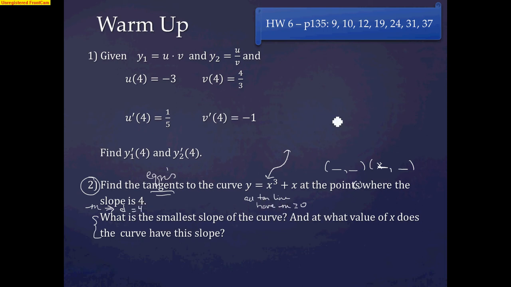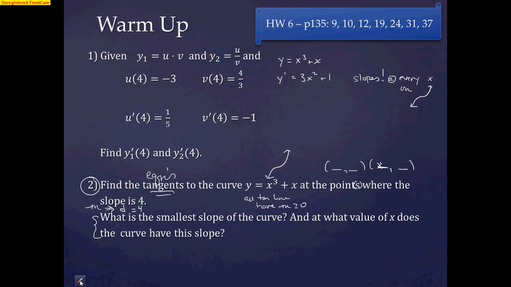So how do I find the slopes? The derivative. So if y is equal to x cubed plus x, y prime must be equal to 3x squared plus 1. These are slopes at every x on that x cubed plus x.